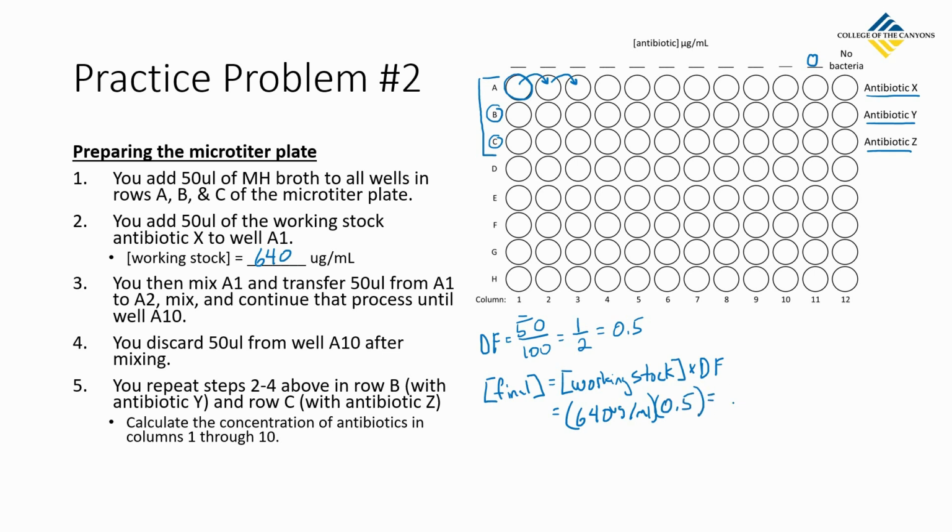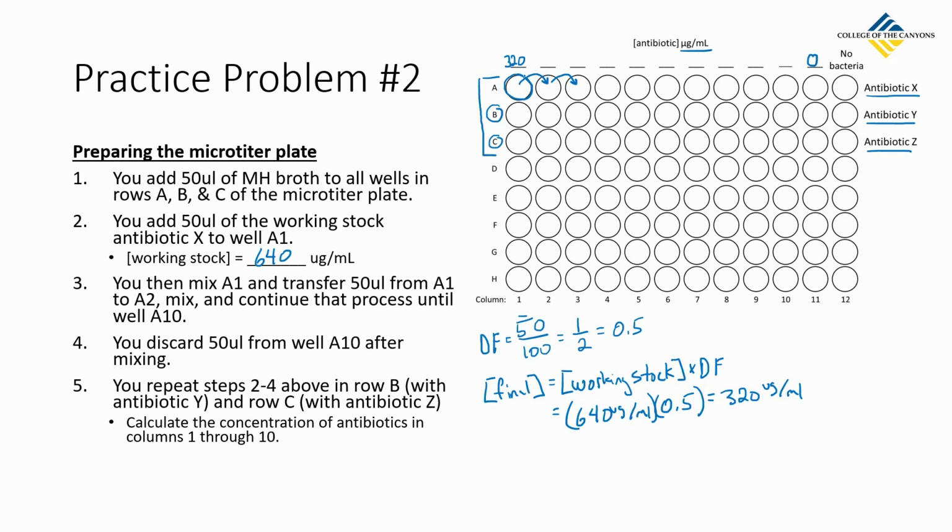So 640 times 0.5 is 320 micrograms per mil. So the concentration in all the wells A, B, and C in column 1 is 320 micrograms per mil. And then every well down to column 10, it's going to be 1/2 of the previous well.